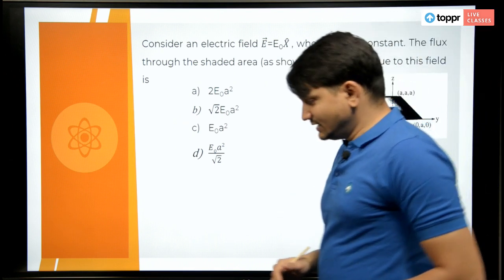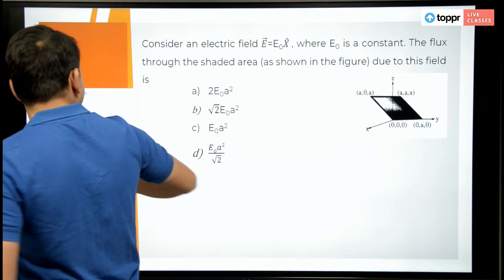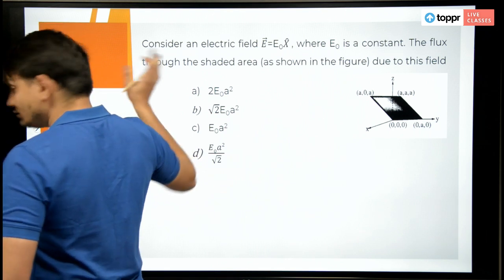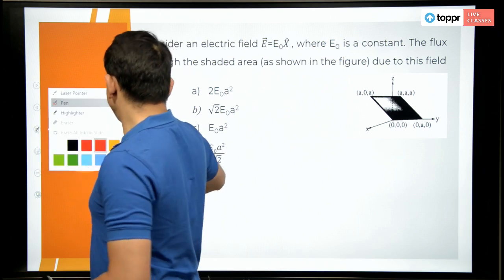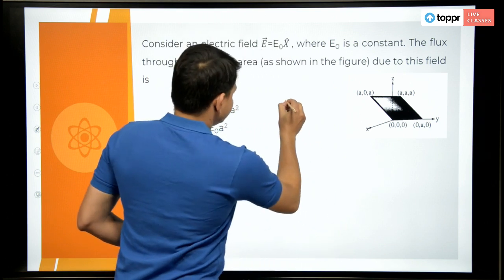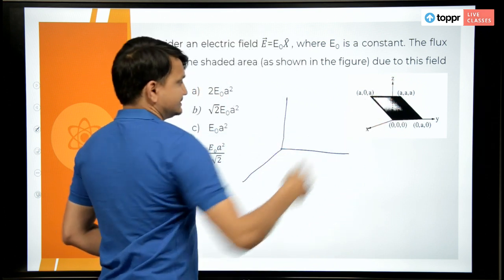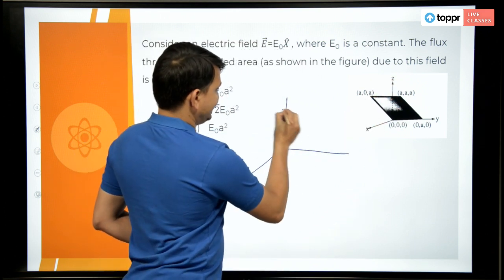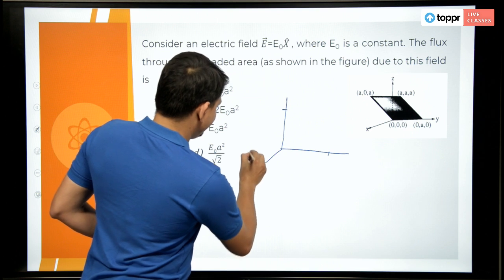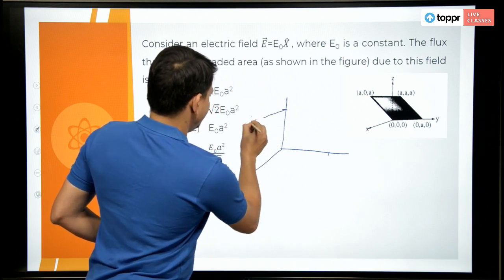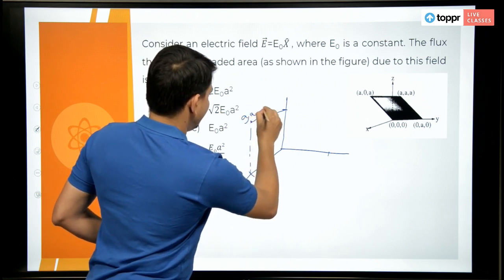So to do that, first let us try to understand the situation and let us see how we can find the overall flux. Here this is our coordinate axis, and here we would be having A, again A and again A. So somewhere we would be getting point A, 0.